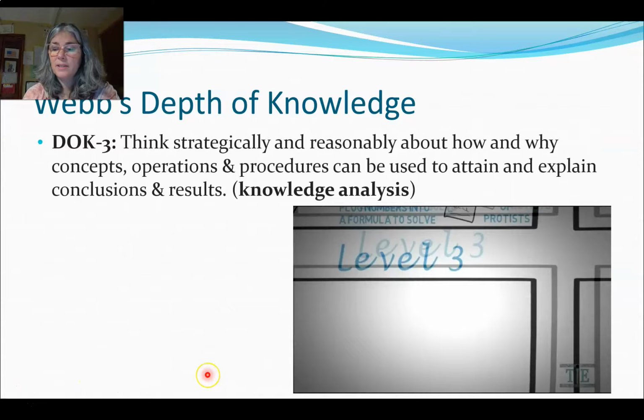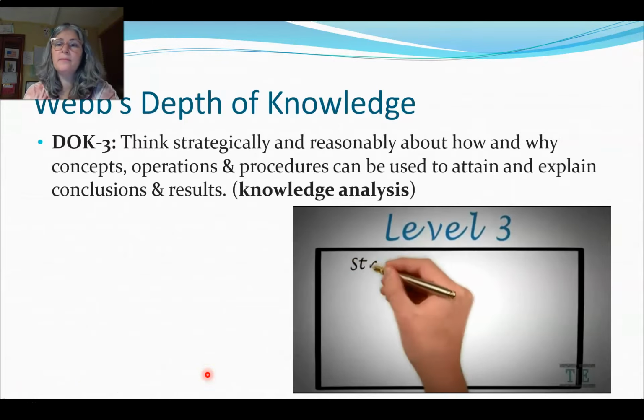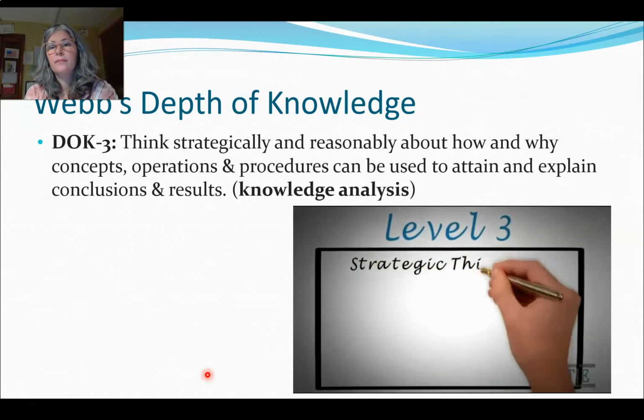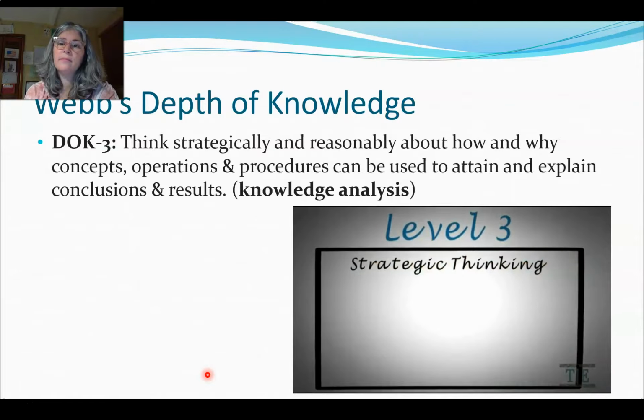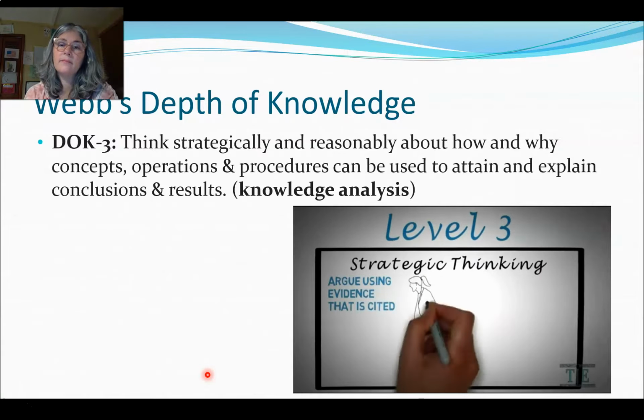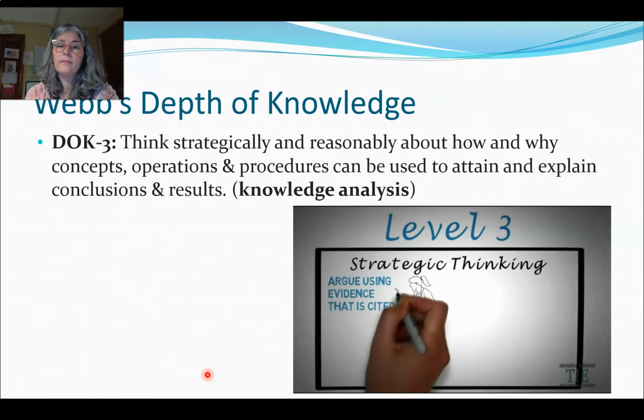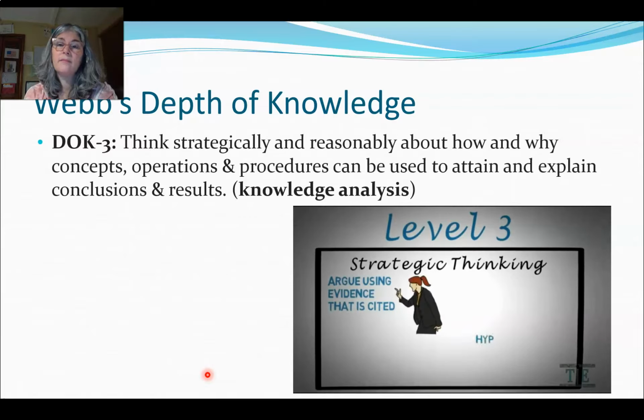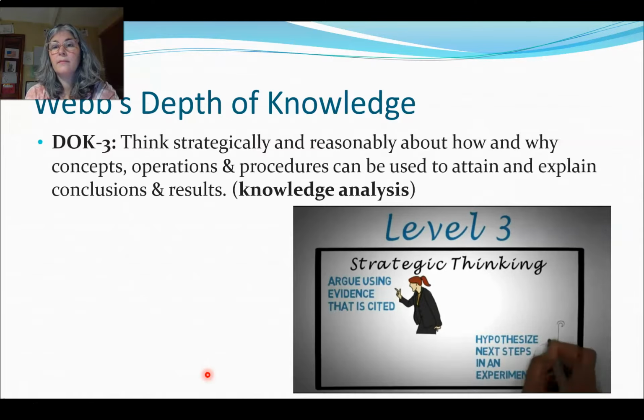And here we're going to see some examples in the video. Level 3, strategic thinking. Argue using evidence that is cited. You would want your students to cite the evidence as they perhaps debate or have classroom arguments. Next, hypothesize the next steps in an experiment, where students have to strategically think.